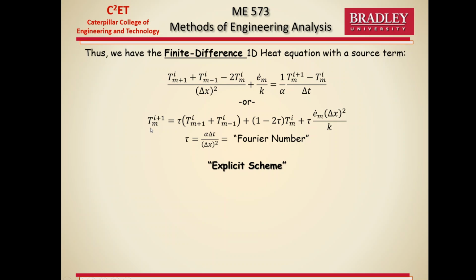And then all you have to do is run through all the nodes, because you can see that for each node M, to calculate the temperature at the later time, it's sort of a weighted average of the node to the left, the node to the right, and the node itself at the earlier time. Right? Plus this constant term here, which depends on any energy generated at some node within the system. Right? This is called the explicit scheme. It's called the explicit numerical scheme for solving this heat equation or this particular parabolic partial differential equation.